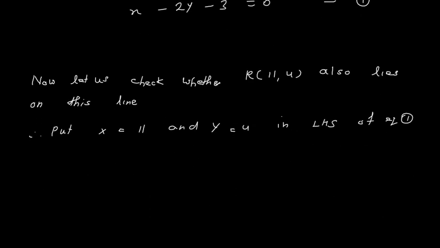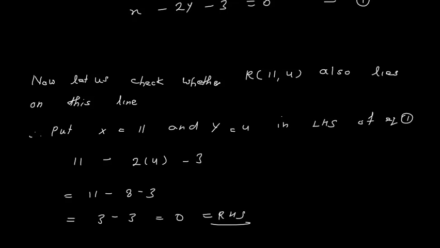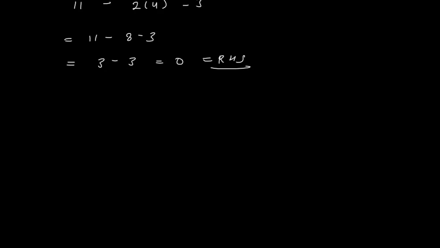This is equation 1, and here I put x as 11, so 11 minus 2 into 4 minus 3. This becomes 11 minus 8 minus 3. 11 minus 8 is 3, so it is 3 minus 3, which equals 0, which is the RHS. So the point 11 comma 4 satisfies the equation. Therefore the points P, Q and R are collinear.